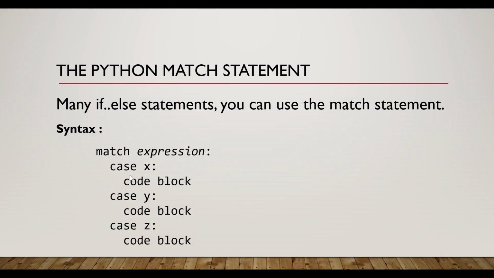This is the syntax: first case x, case y, and case z. Inside the match statement, the block of statements is indicated with cases, and those cases are indicated with the variable values.